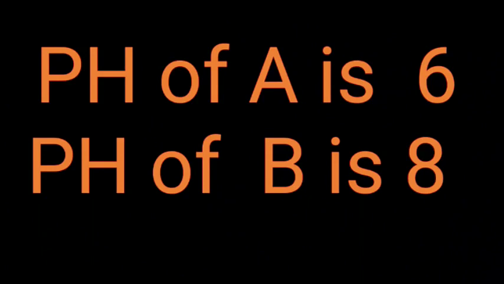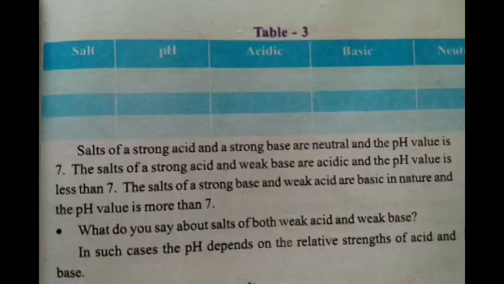When the acid is strong and the base is weak, the produced salt is acidic in nature, because the acid is strong and the base is weak.